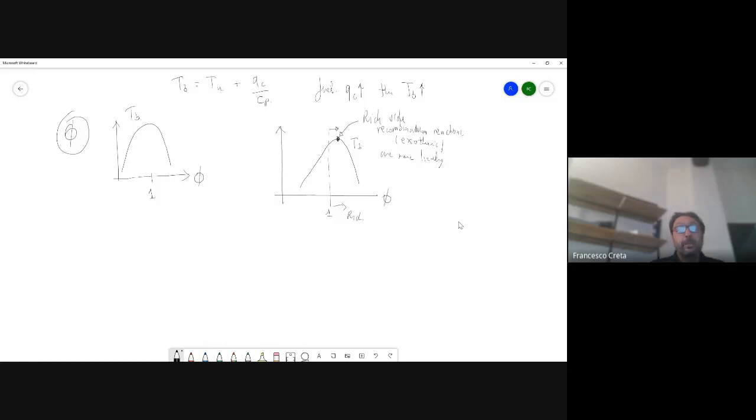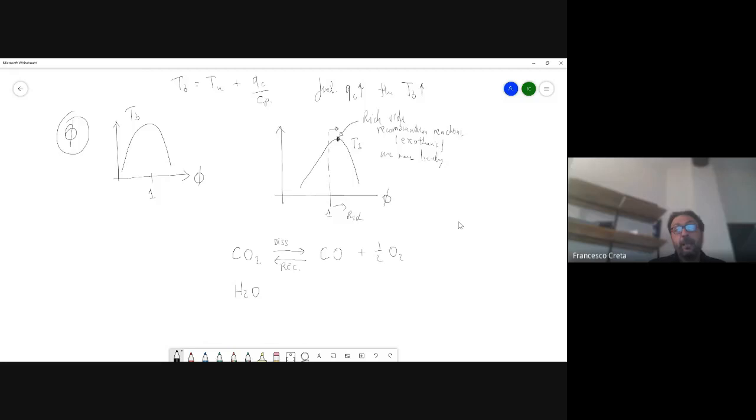Well, what are recombination reactions? Essentially, you have to take the products of combustion, which are CO2 and water. Now, these both can either dissociate or recombine. CO2 will dissociate, for example, into carbon monoxide and oxygen.